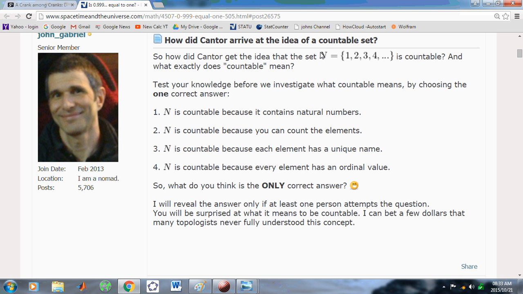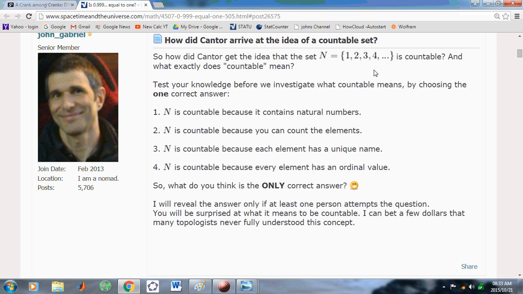For example, ask yourself, why is it that any set that can be placed into a bijection with the set of natural numbers is countable, and yet the set of natural numbers is countable for which reason? Why do we say that the set of natural numbers is countable? And what is the reason for that?